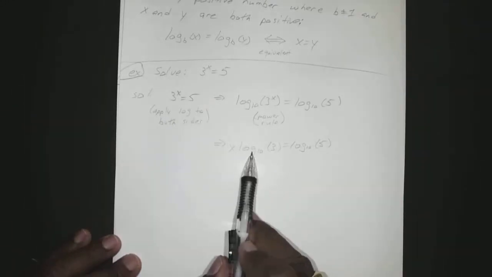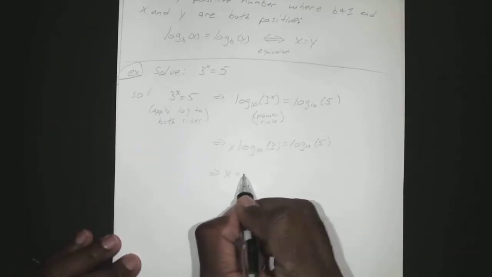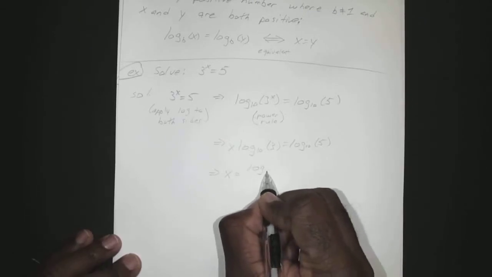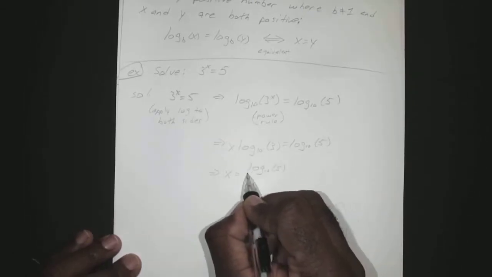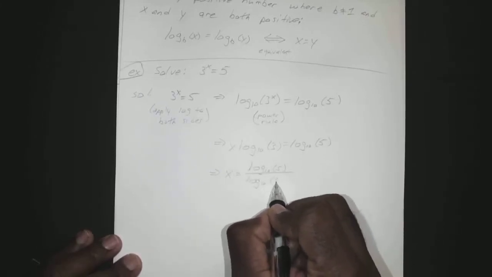Divide both sides by log base 10 of 3. You have x equals log base 10 of 5 divided by log base 10 of 3.